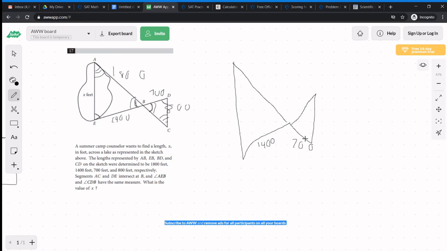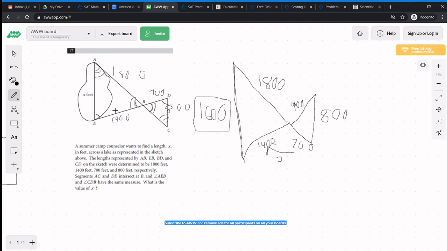So in order to get from the 700 to 1,400, we multiply by 2. That means a common ratio for all the sides is going to be 2. So this 1,800 side, we're going to divide by 2 to get 900. And finally, this 800 side over here, we're going to multiply by 2 to get 1,600 over here, which is the side length that we want, and also our final answer.